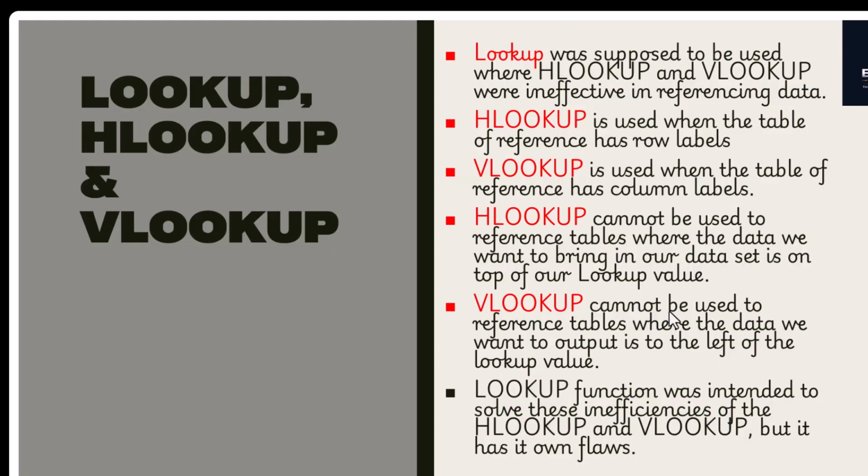Good. So VLOOKUP cannot be used to reference tables where the data we want to output is to the left of our lookup values. The LOOKUP function was intended to solve these inefficiencies of the HLOOKUP and VLOOKUP. But of course, there is another function called XLOOKUP, which we shall also explore in our next video.